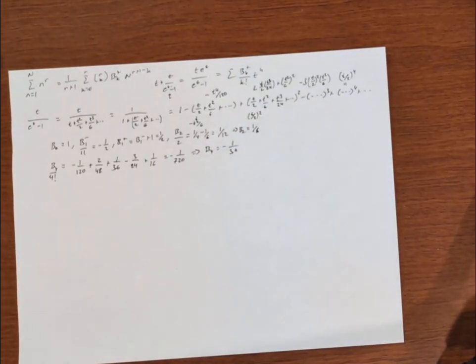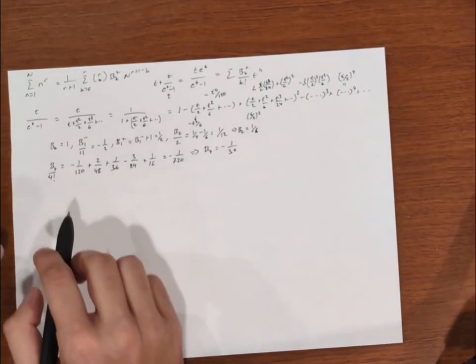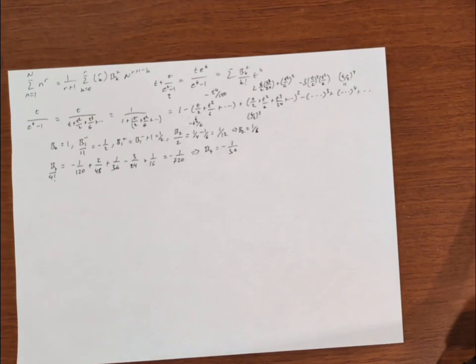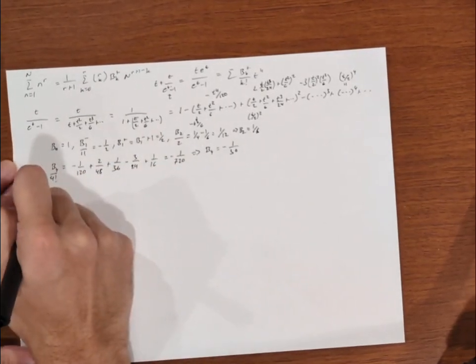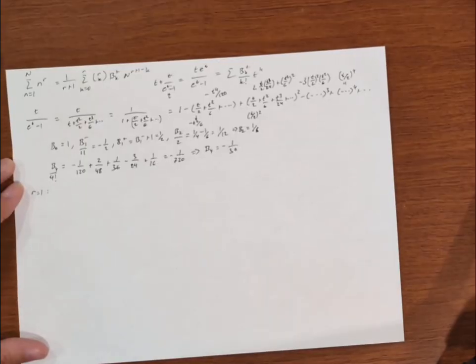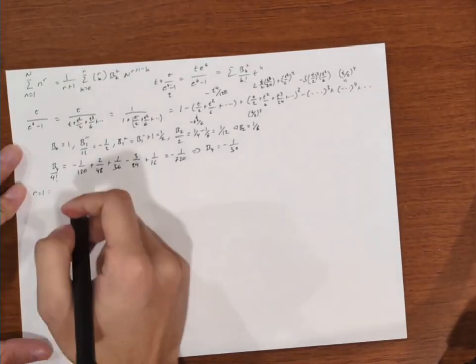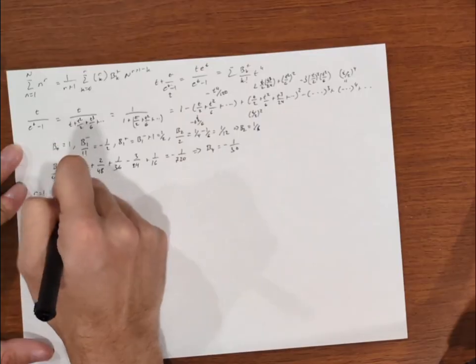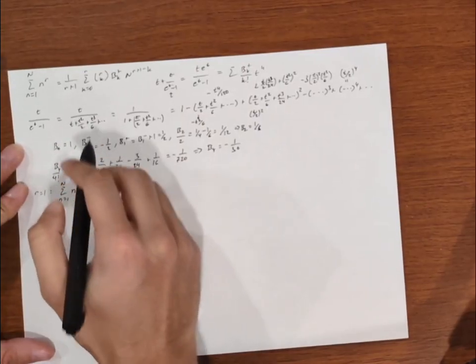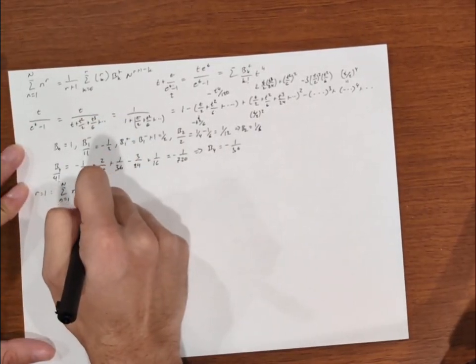Okay, so here's how you can compute Bernoulli numbers in case you were ever scared about computing them. Now we can plug this into our formula and finally get out nice answers. So let's say r equals 1. We should test out cases that we know to make sure that it works. The claim is that the sum from n equals 1 to big N of n is equal to 1 over r plus 1, which is 1/2.